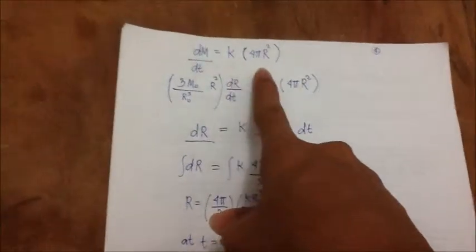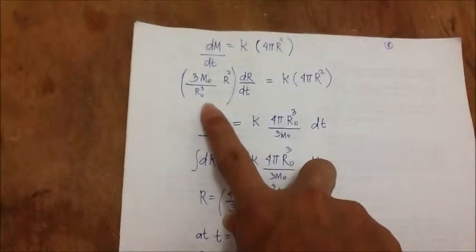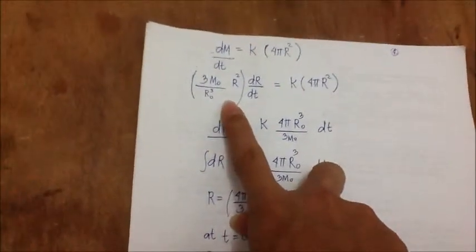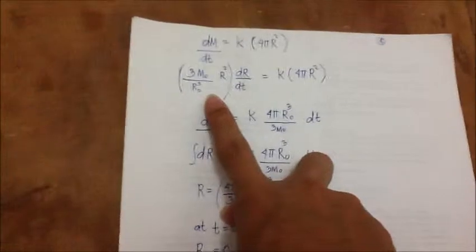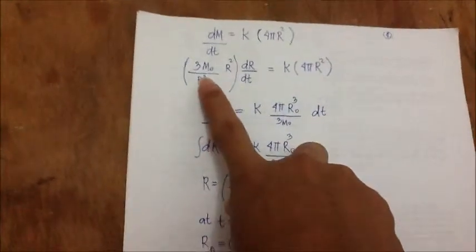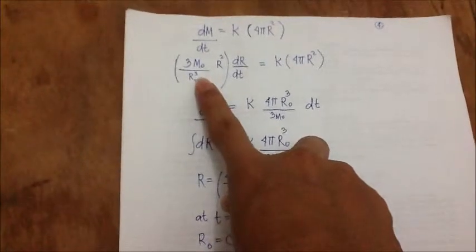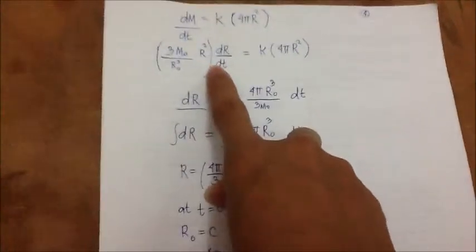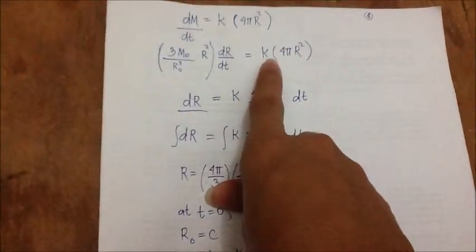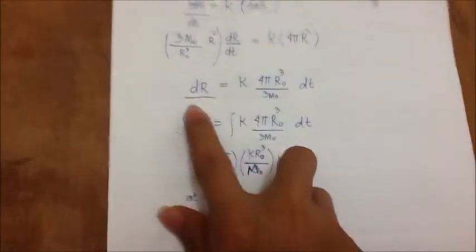dm over dt is equal to k 4 pi r squared. So we substitute our value of dm, which is 3 m initial r squared over r initial cubed dr, over dt equal to k 4 pi r squared.